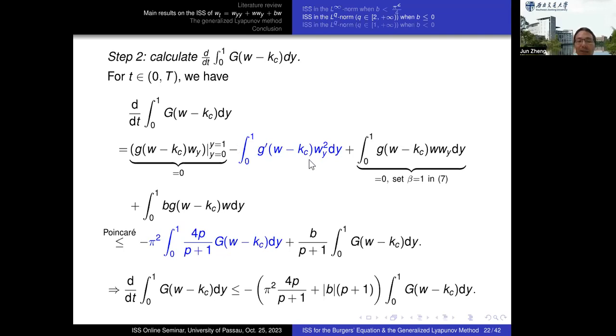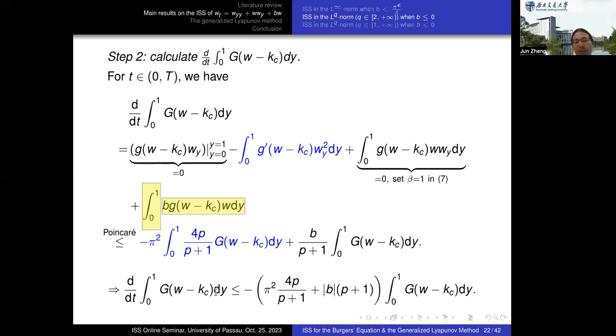And for the second term, we do not delete it directly, but use the Poincare inequality to arrive at this estimate. And for the fourth term, we can calculate it directly to arrive at this estimate. In fact, we have to apply the properties of G and capital G. So we can derive that this differential equality holds true.